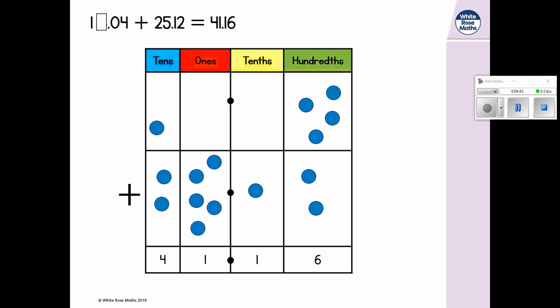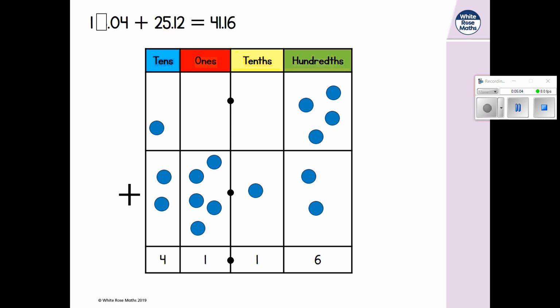What helps is looking in the tens place. Both tens digits are given, 1 and 2, yet the total number of tens is 4. So the ones needs to be more than 10 ones, so that we can exchange for 1 ten.